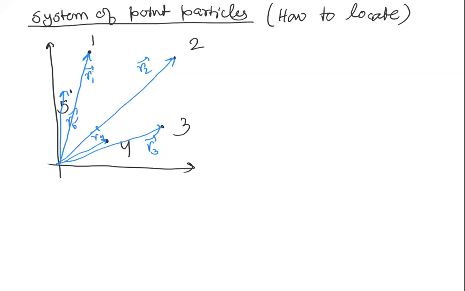So the answer is that since we have been working for so long with a single point particle, it is better always to convert the system of point particles into a single point particle.